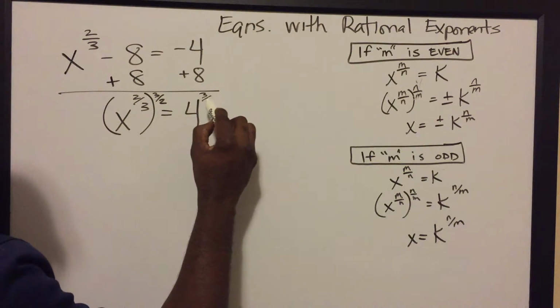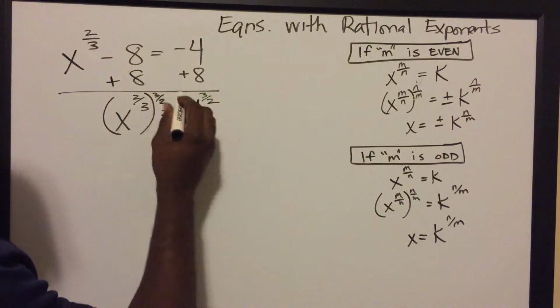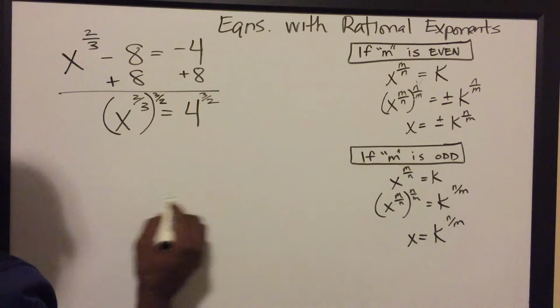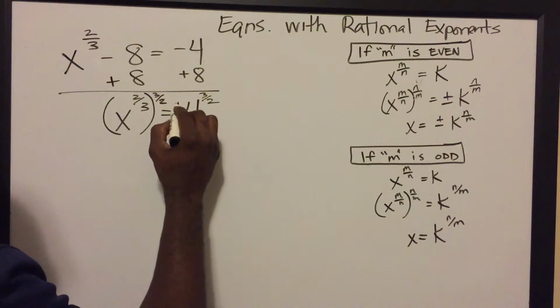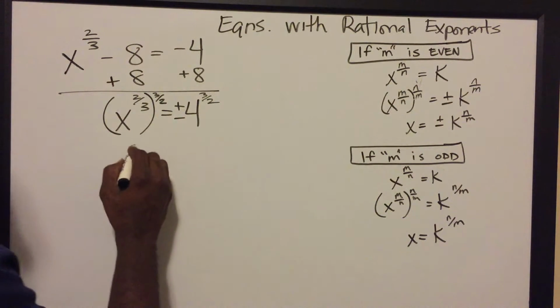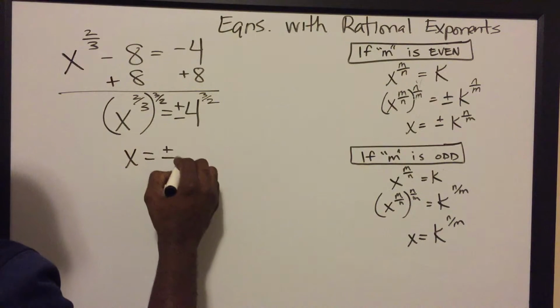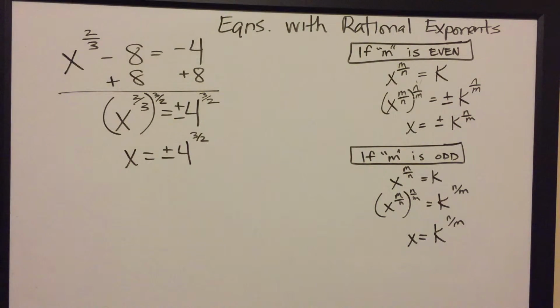So this is 3/2. Now, I know these two are going to cancel each other out, and then I'm just left with, oops, forgot my plus or minus here. So then I'm just left with what? Exactly. I'm left with x is equal to plus or minus 4 raised to the 3/2.